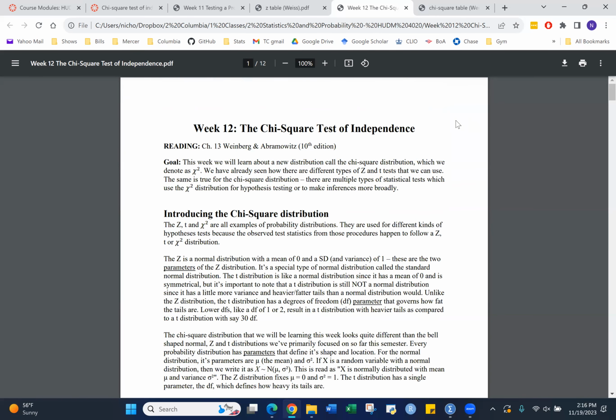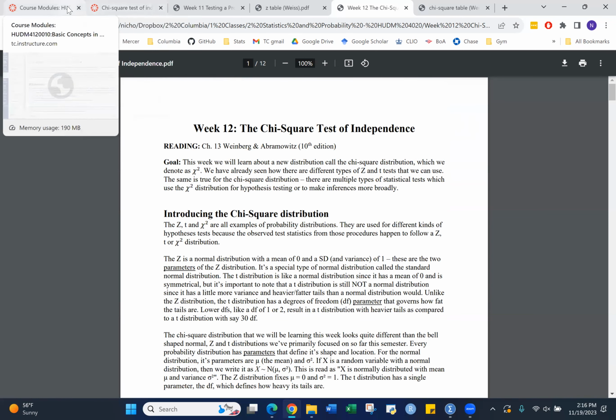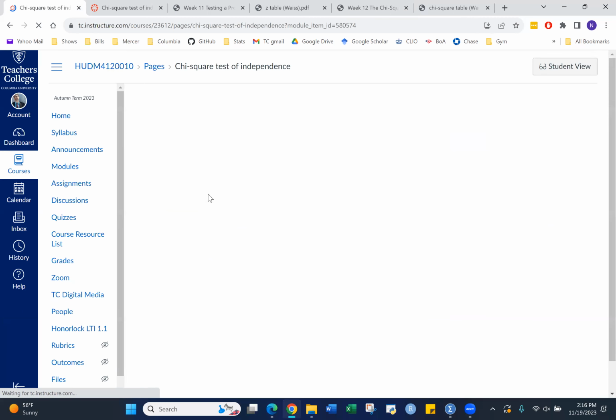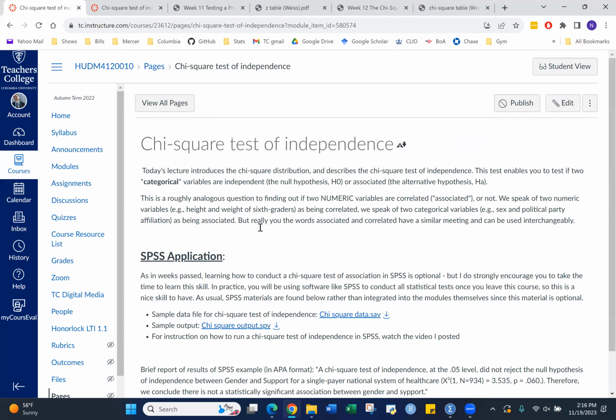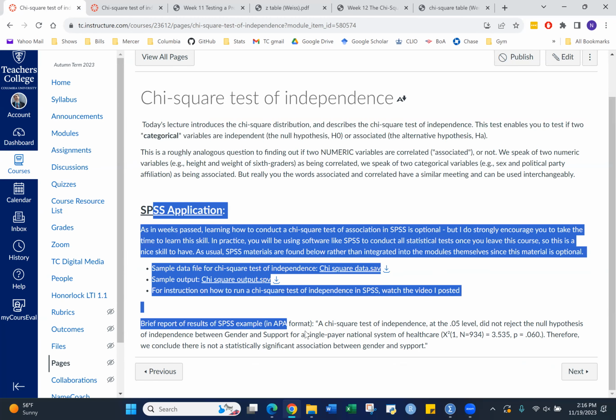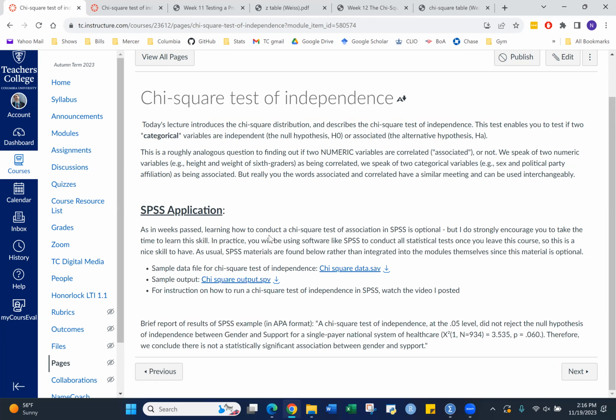Now, I do want to take a moment and do 2 things. If you click on the little description here, as I've done in the past, I put a little quick summary of what we're doing in the lecture. And then the optional SPSS material is going to be here at the bottom. So not in the modules, but here.